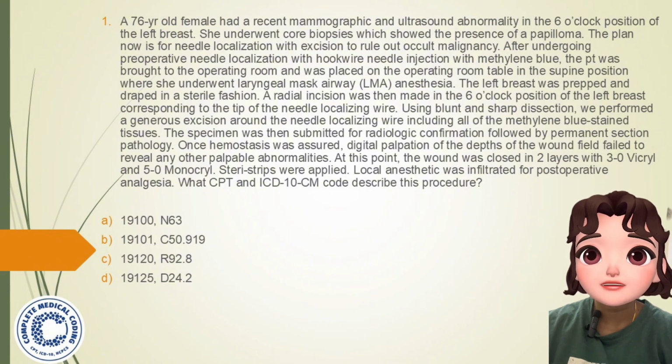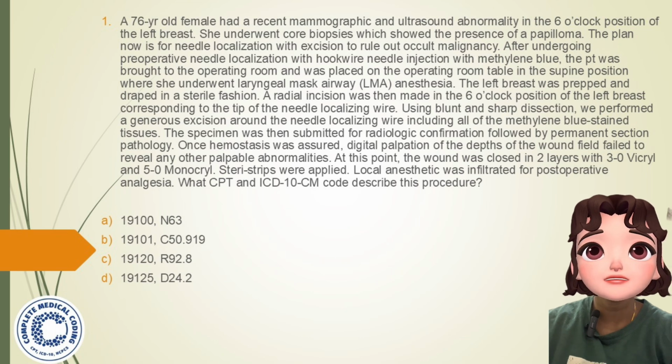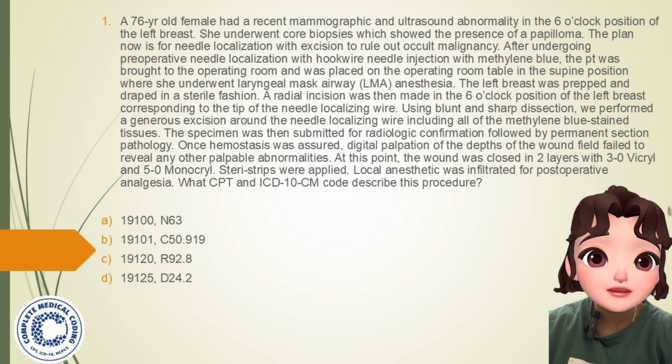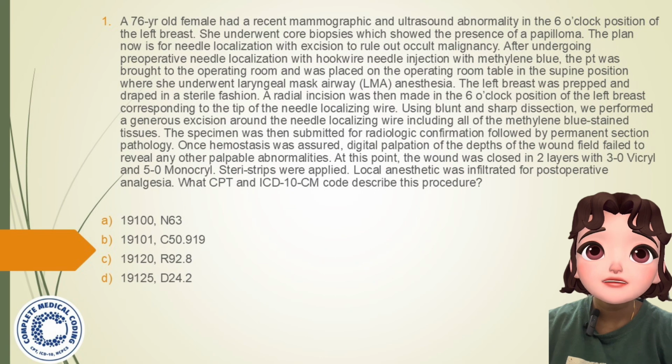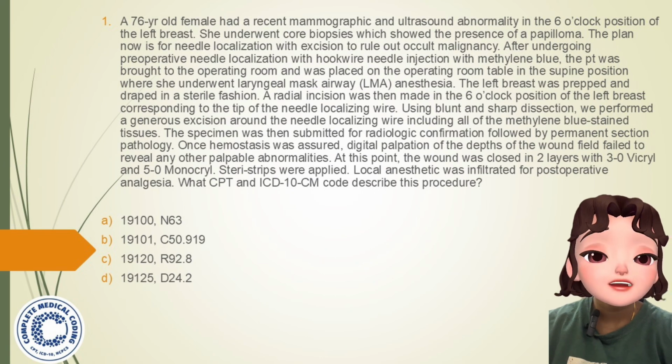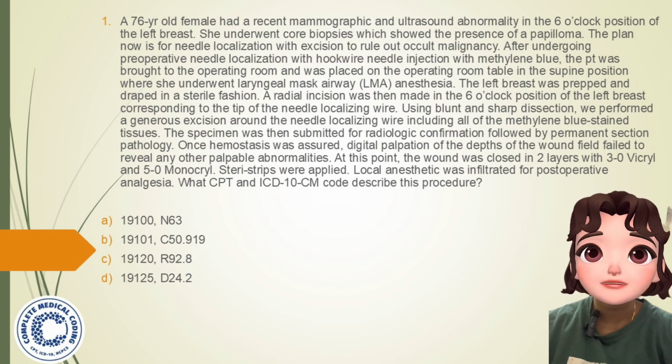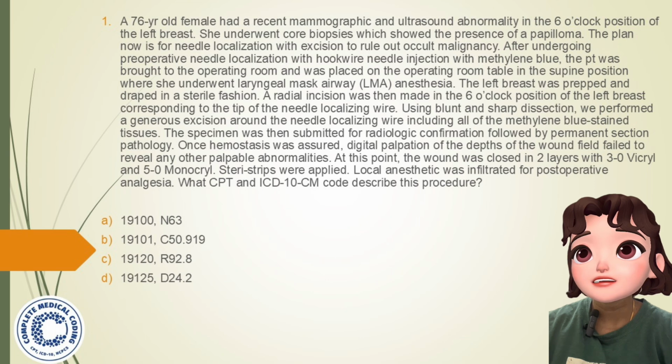And what is the CPT code mentioned in option D? 19125. Let's check if it is right or wrong. What is CPT code 19125? It is the excision procedure of the breast. Excision of breast lesion identified by preoperative placement of radiological marker. Yes, there is a radiological marker mentioned here, right?